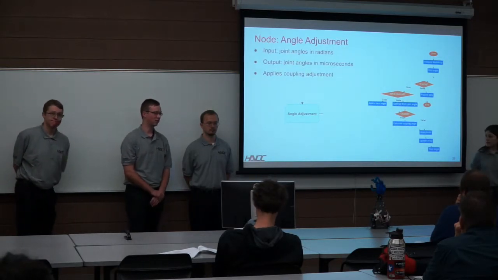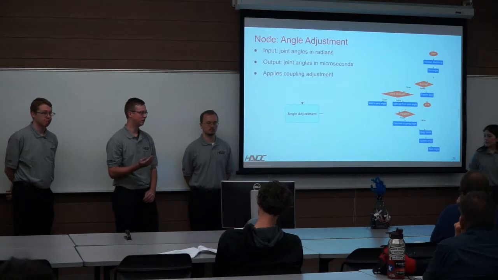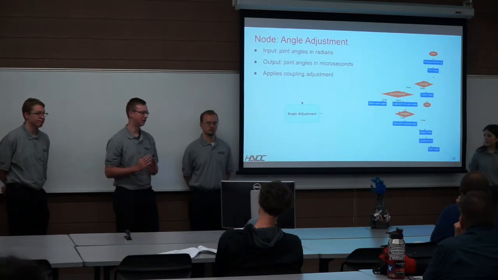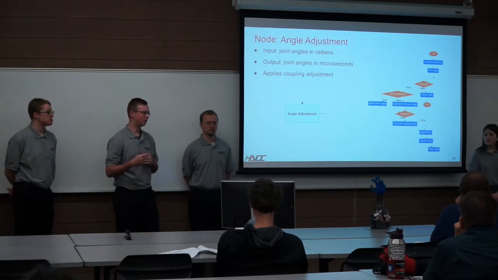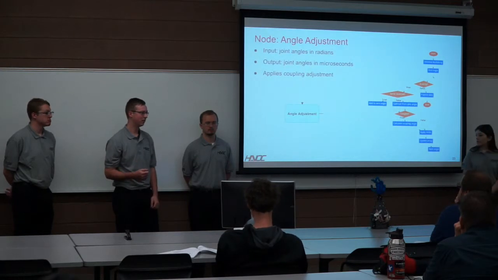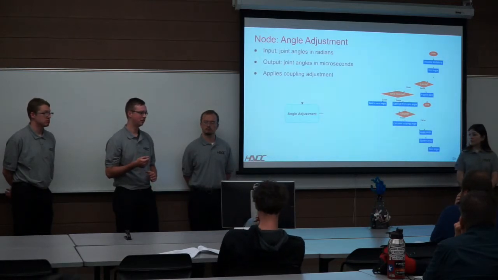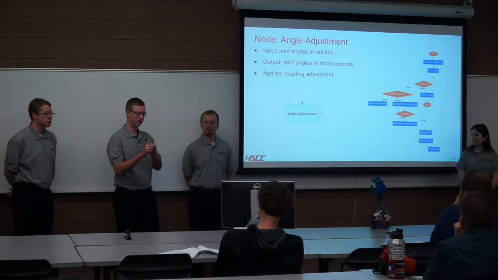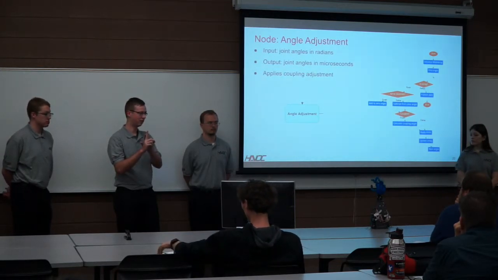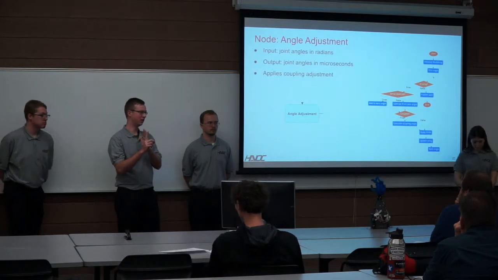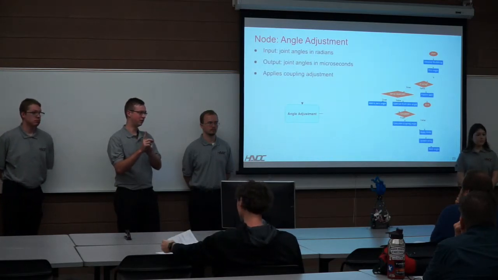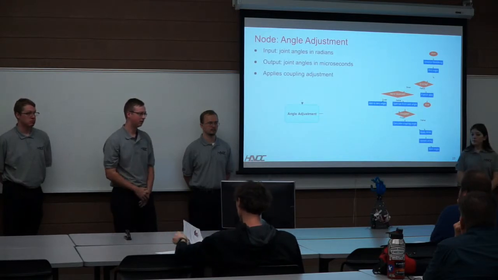Yeah, the coupling of our system: initially when we first tied our tendons, we had a 1-to-1 on each joint for the servo angles. But once we tensioned these tendons, when we moved the proximal phalanx 90 degrees, the middle phalanx would actually stay upright. So we had to account for that change in the proximal phalanx of 90 degrees and apply that to our middle phalanx. So that was the coupling.